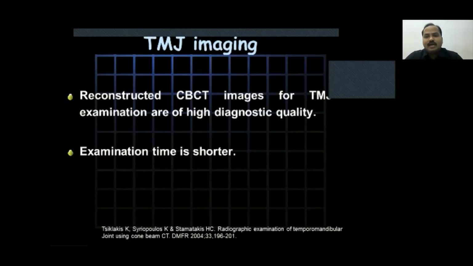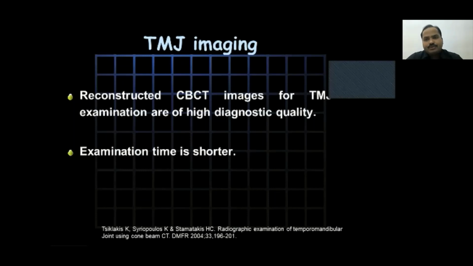In the TMJ region, it is visible with various overlappings and superimpositions of other structures in OPG, and in sectional TMJ scanning also various superimpositions are present. The reconstructed images of CBCT for TMJ examination have high diagnostic quality.